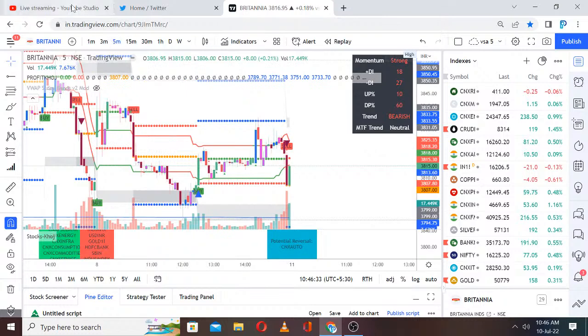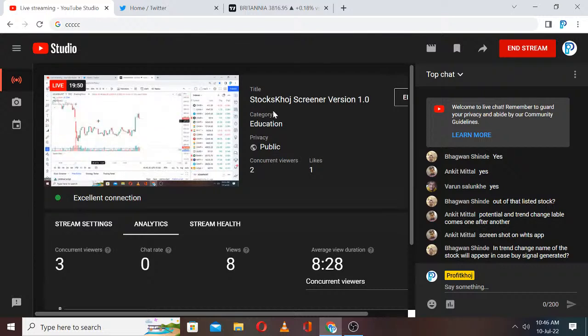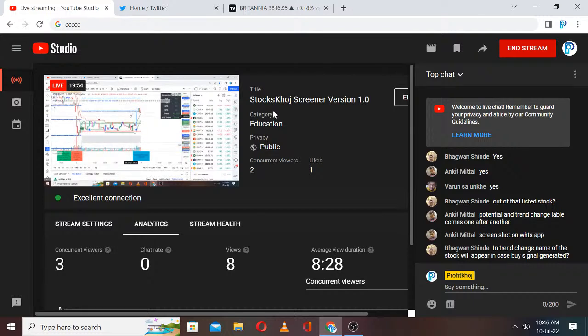So do you have any questions regarding this? The name of the stock will appear in case a buy signal is generated. Yeah, it will definitely give the name of the stock.